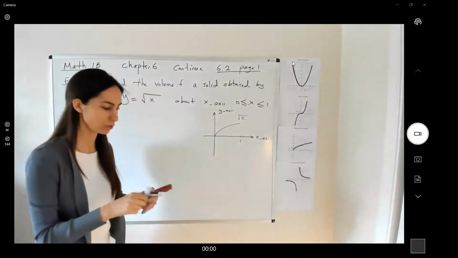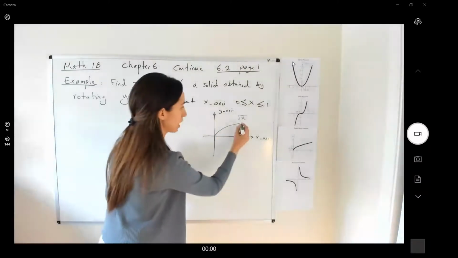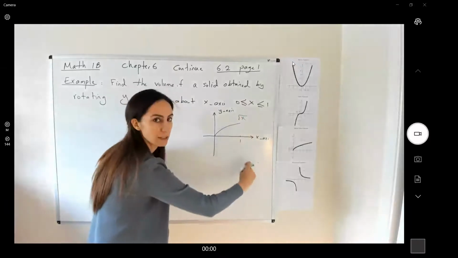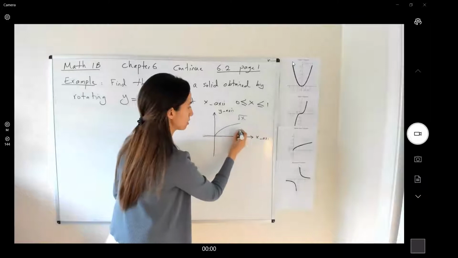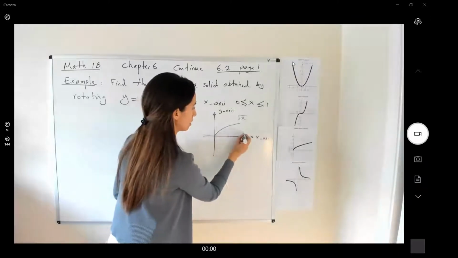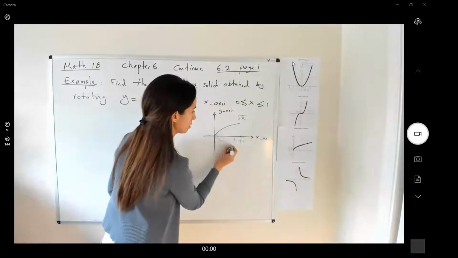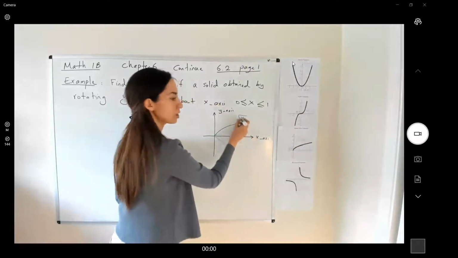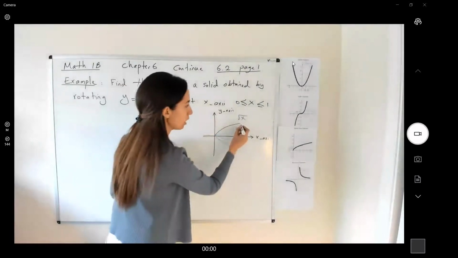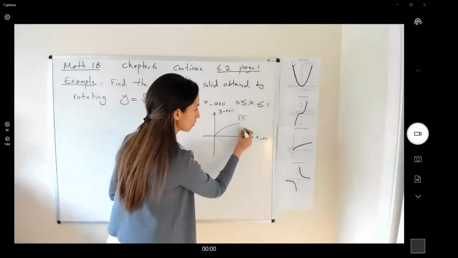So what I'm going to do, I'm going to take this graph and start rotating this about x-axis. So it's going to be like this. This guy, then the rotation, and rotation. I'm going to continue this process until I get a three-dimensional object.